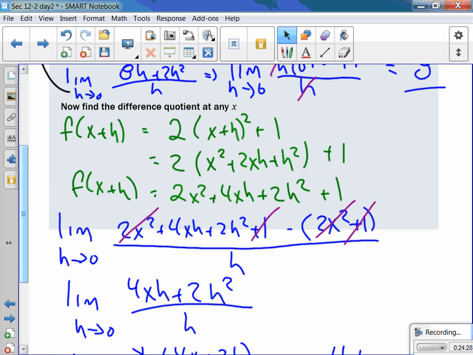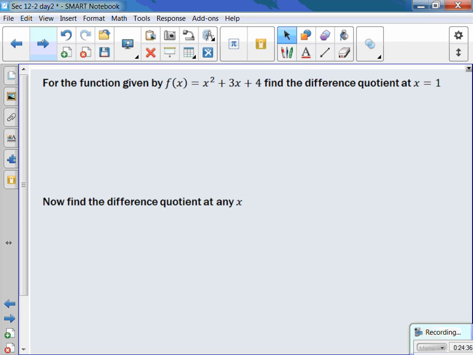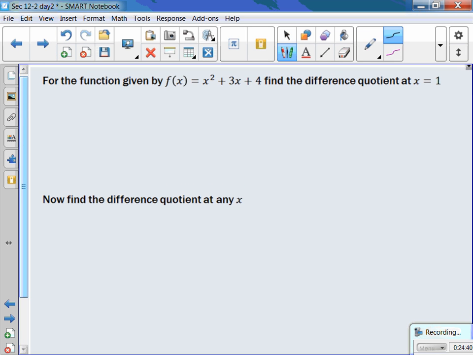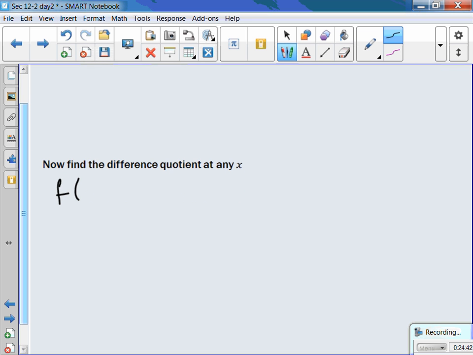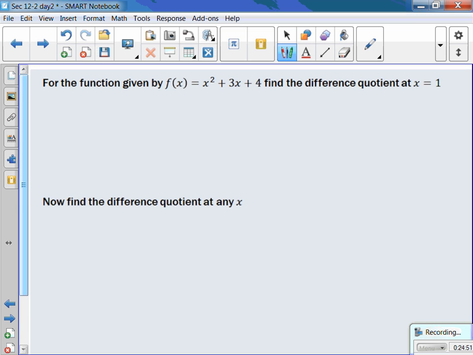So as we said, let's just go straight to finding the difference quotient for any x. Now we really don't need any space for this part, do we? So I'm going to show my work up here. Again, we're working this problem right now. We're going to come back and work the first part. So f of x plus h, what do we do?